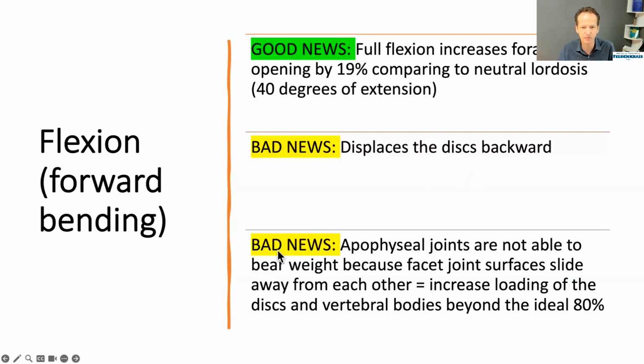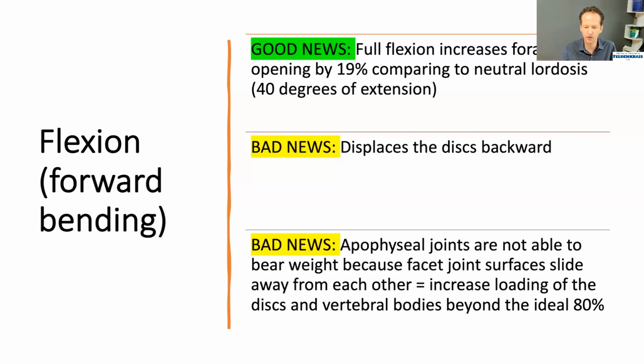Another bad news could be that the joints, those facet joints, when in upright position, like when I show you that ideal spine upright with those 3 normal curves, the weight bearing is distributed about 80% through the spinal column, meaning through discs and those bodies of vertebra, and 20% of weight and compression is being held by those facet joints in the back.